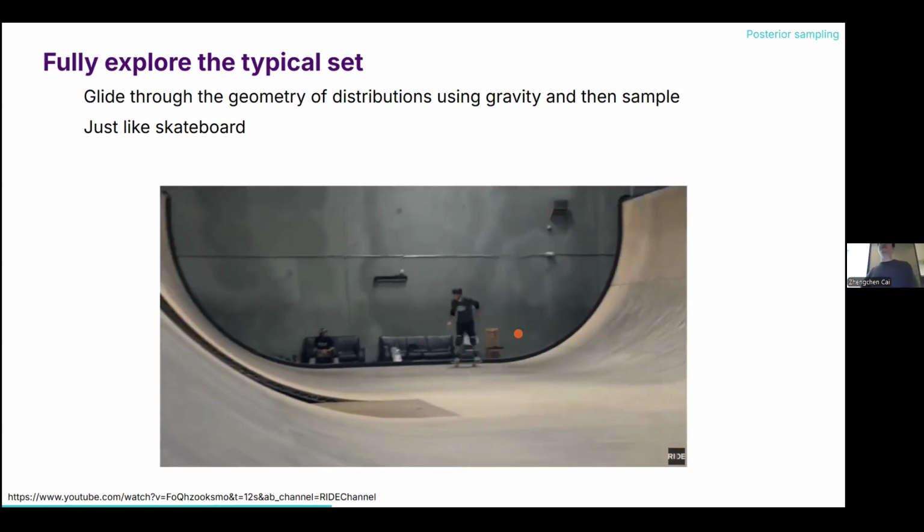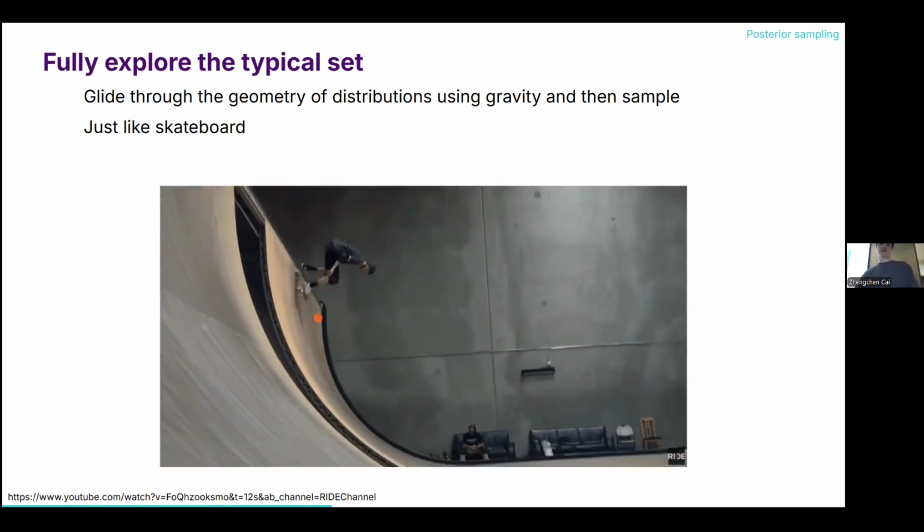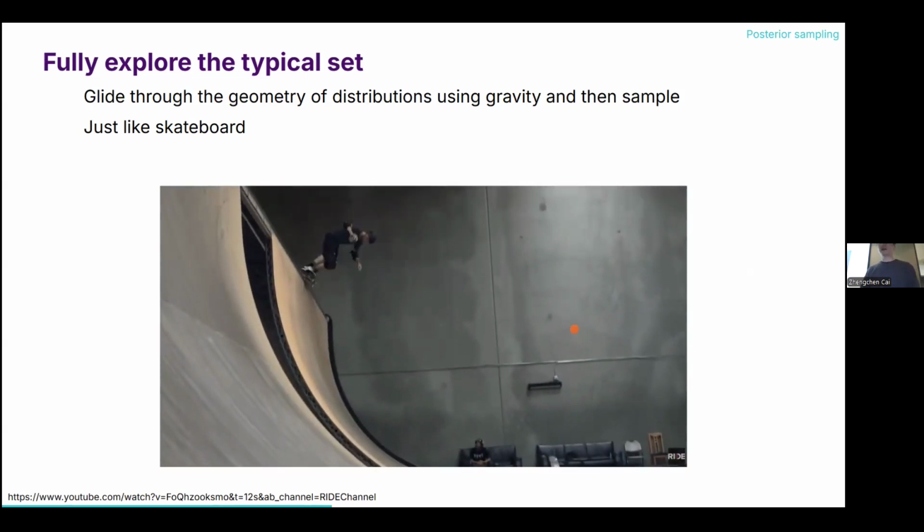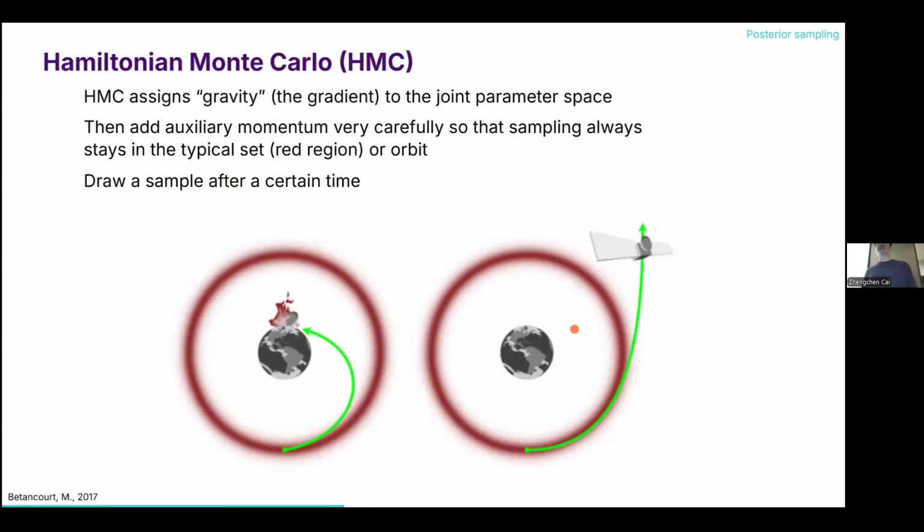And then you just need to sample at a certain time. Like you can sample here, here, and you always stay in the typical set. And the gravity in parameter space is the gradient, right? You can compute the gradient for all the points in your parameter space, and you got the gradient.